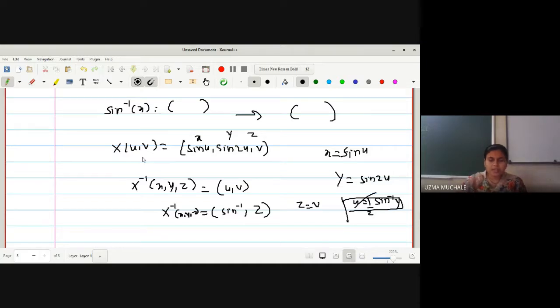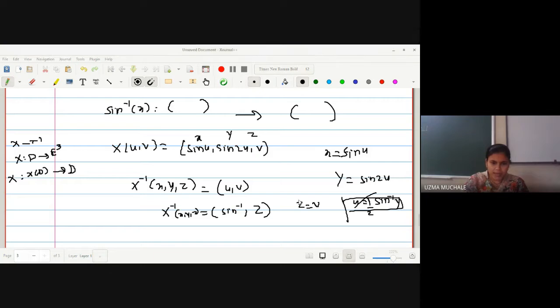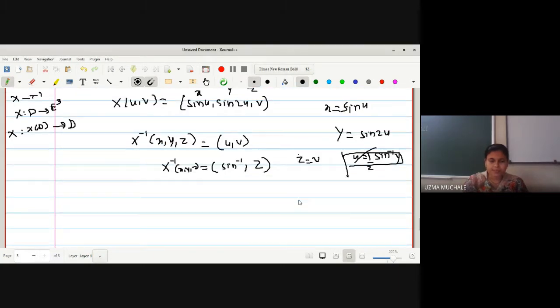While defining the inverse function, you have to come back from E3, right? x is a mapping from D to E3, right? Now if you want to define the inverse mapping, x must be a mapping from x of D to D, so the inverse must be with x, y, z. Now it equals u, v, you can find out like this. Is the idea clear? Everyone getting me how to define the mapping x inverse?